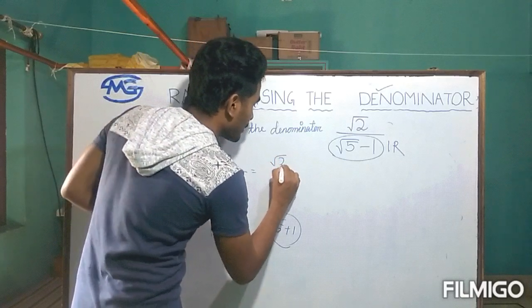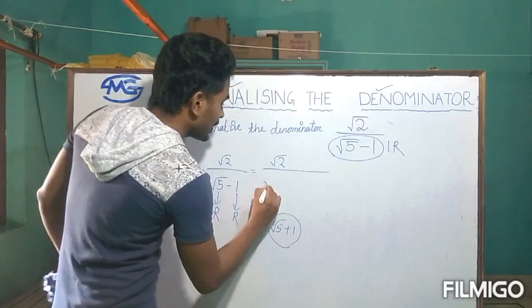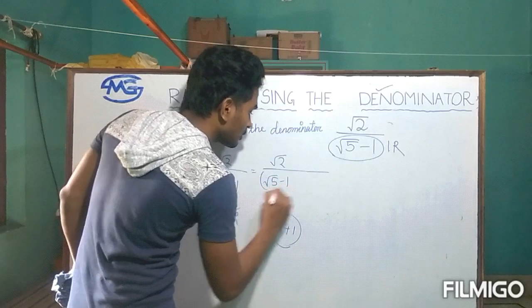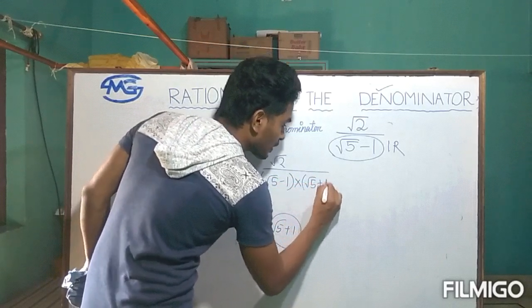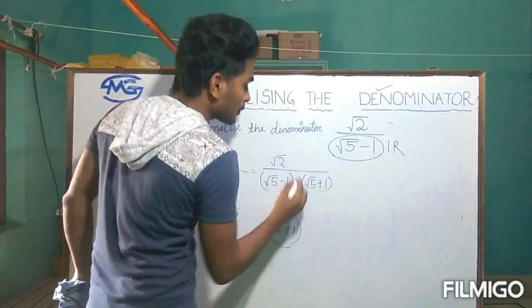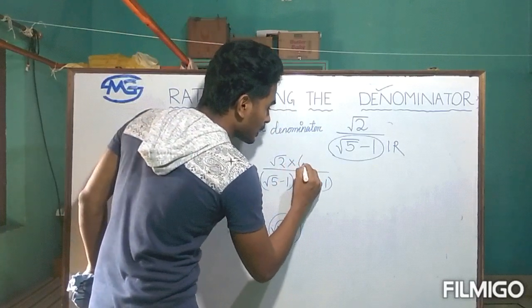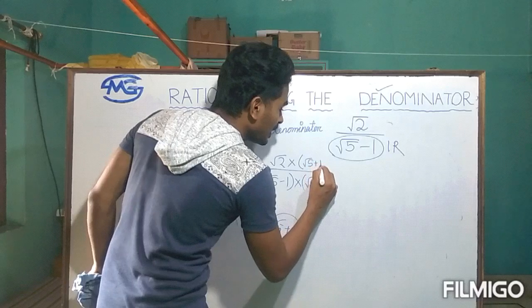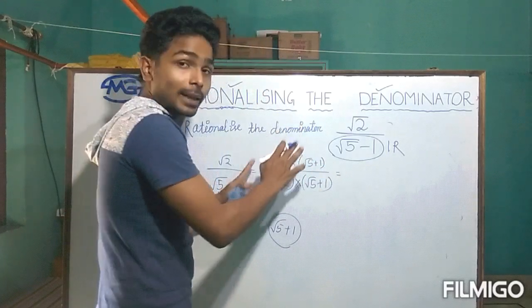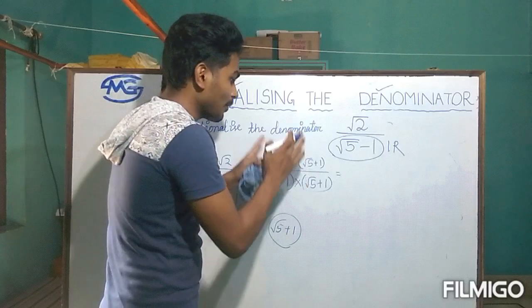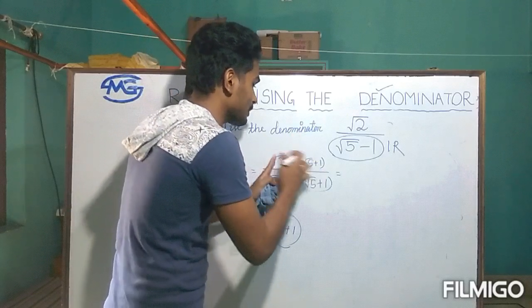So let's multiply. Whole divided by root 5 minus 1. It is the question. Then we have to multiply its conjugate, that is root 5 plus 1. Since we are multiplying root 5 plus 1 in the denominator, we have to multiply it in the numerator. Understood? Then in the numerator, we first find out how many terms it has.